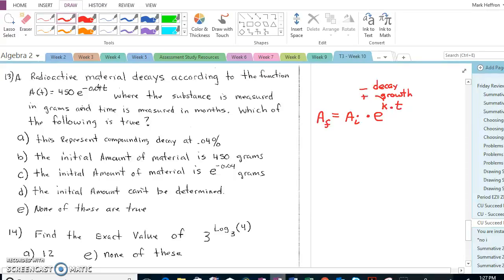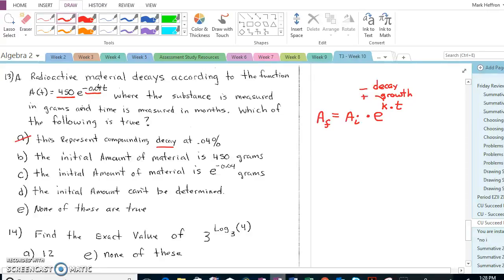So as we look at our equation, we have negative 0.04 k, so we're looking at decay, and we have an initial amount of 450 grams. As we look through our answer choices, we don't know that this is exactly the percentage, so we can't say A. Decay would be right, but it's not compounding.